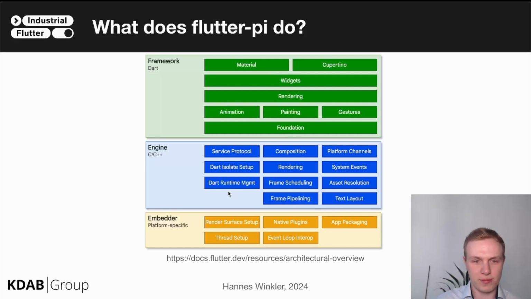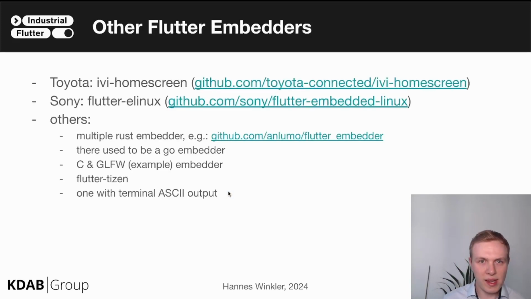There are, of course, also other embedders. There's not only flutter-pi. There's one embedder developed by Toyota, which is called IVI Home Screen. Toyota is investing pretty heavily into Flutter. They're planning to use it in their cars. And that embedder is very well maintained. It has many plugins.